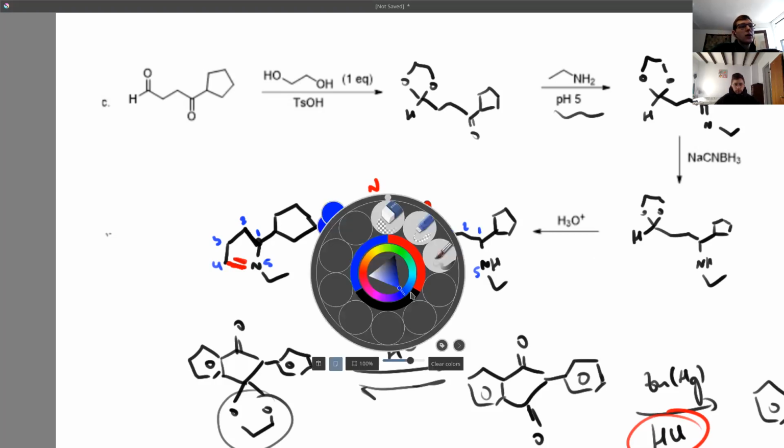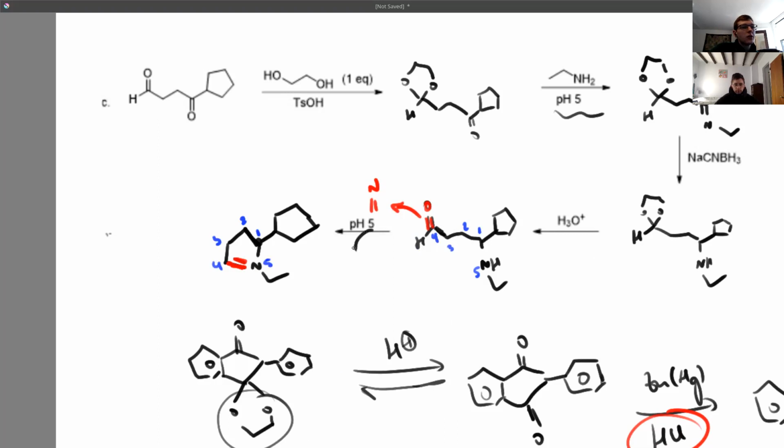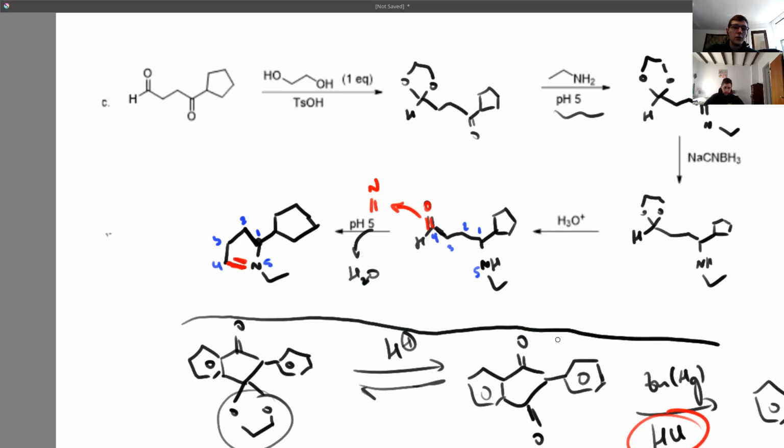Okay. So we lost water in this process. But there's something missing in this structure that we must include. What's going on with the nitrogen? You have a positive charge on there? Yeah, exactly.